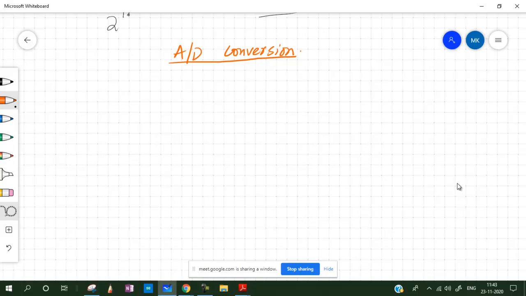Okay. So the process of AD conversion now starts with, obviously we'll make it in block diagram form.